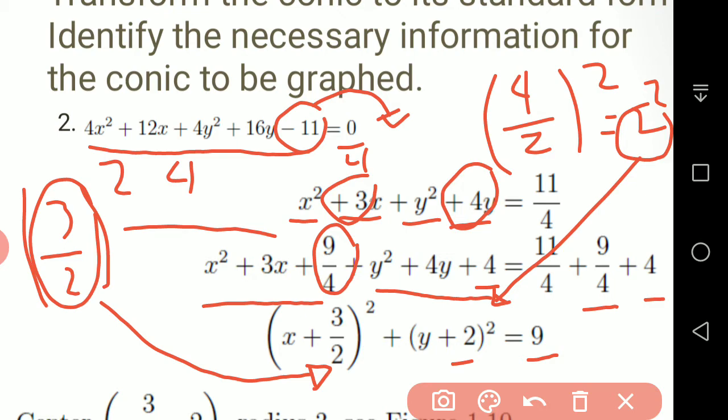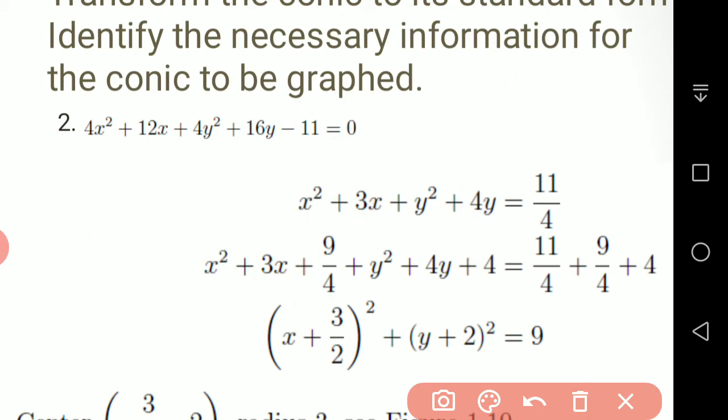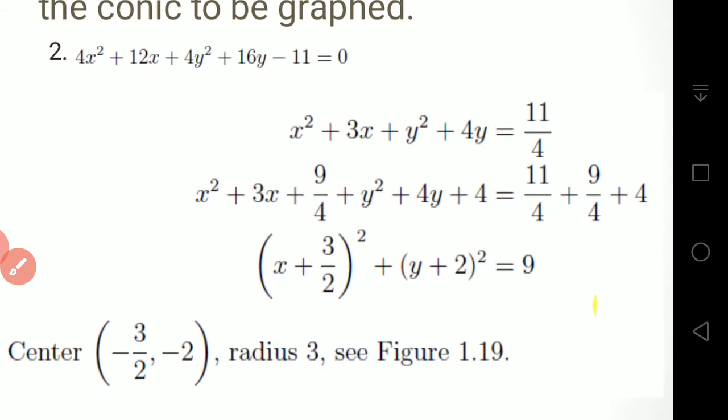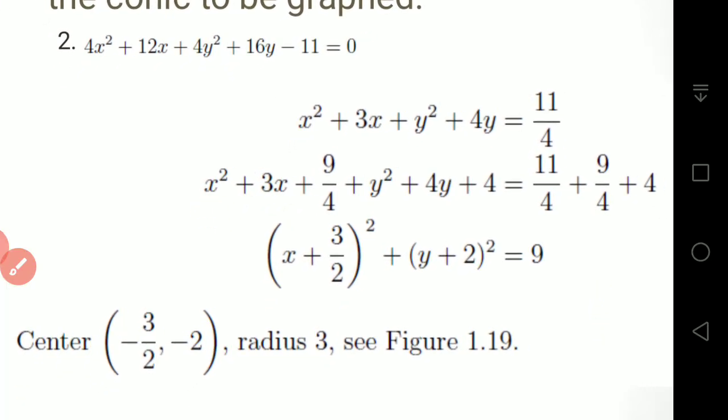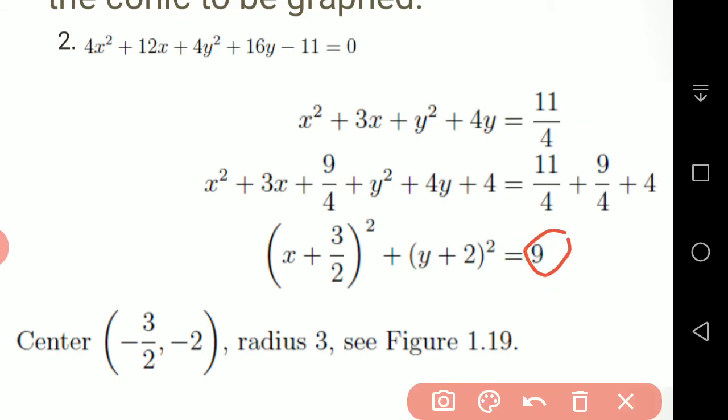Then you can already get the necessary information, since this is in its standard form. This 9 should be written as 3 squared. So the radius is 3 and the center is at negative 3 over 2, negative 2.